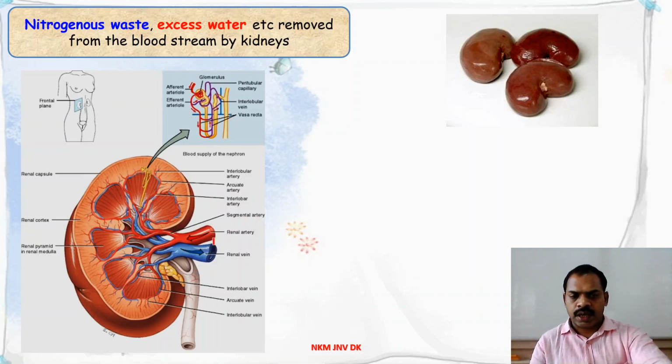You can see the renal artery entering the kidney and branching and branching, and it has a unit of filtration called the nephron. Through the nephron the blood will be filtered. We are going to discuss the mechanism of how that happens.